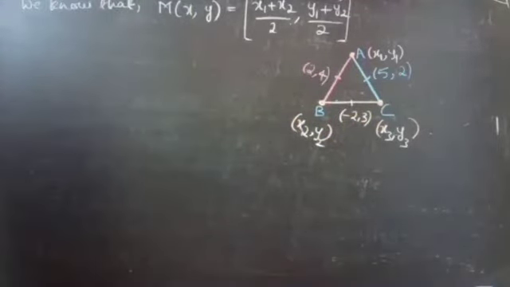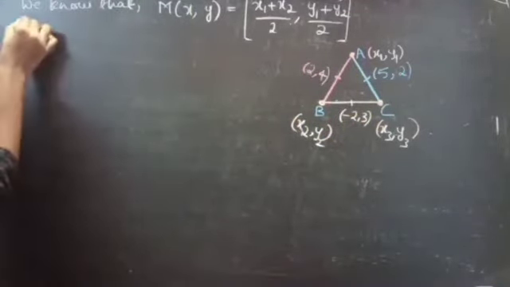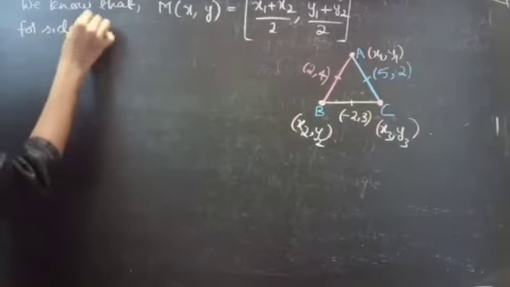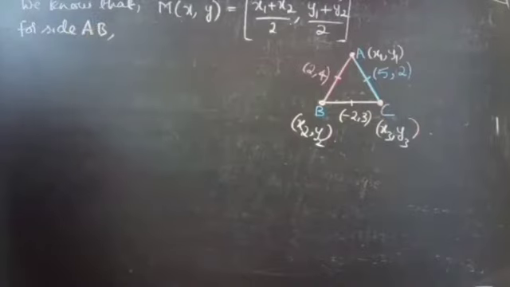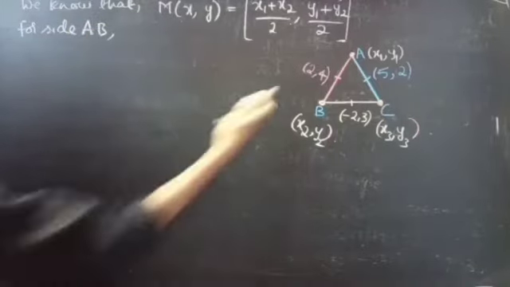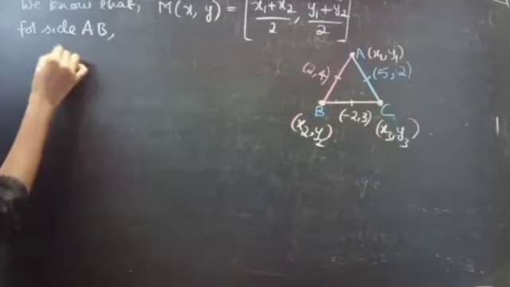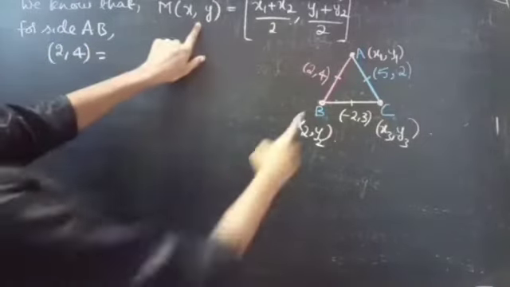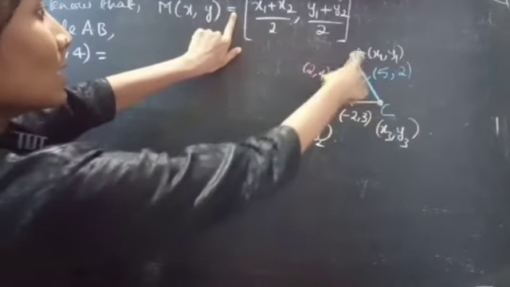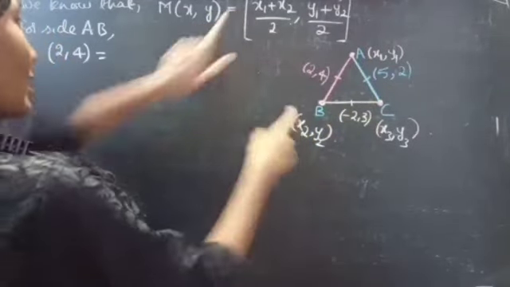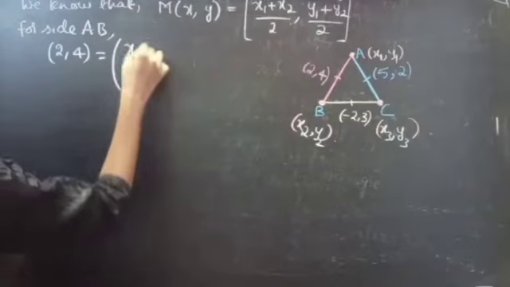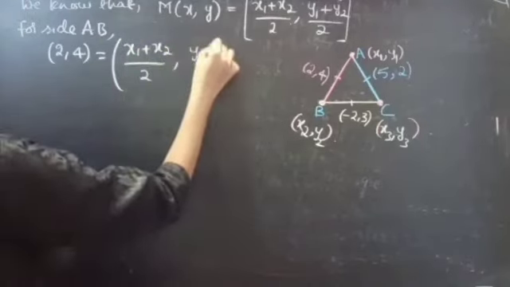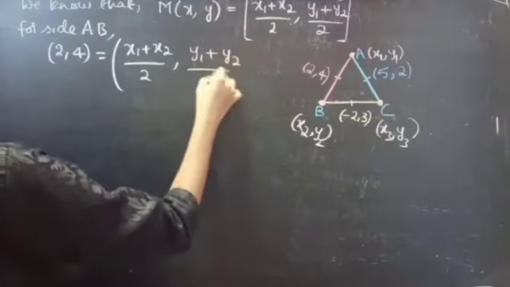Let us consider side AB first. Here we have the midpoint (2, 4) equals ((x1 + x2)/2, (y1 + y2)/2). The midpoint of a line segment joining the points (x1, y1) and (x2, y2) is ((x1 + x2)/2, (y1 + y2)/2).